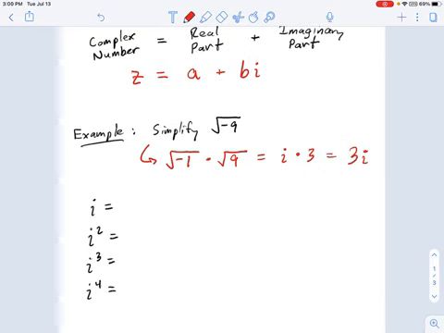All right. Now, a little bit more about multiplication of these i terms. We know that i is the square root of negative 1. So what is i squared? Well, if you think about what a square does to a square root, those are inverse operations like plus and minus, or multiplication and division. When you square a square root, you're making the square root go away.